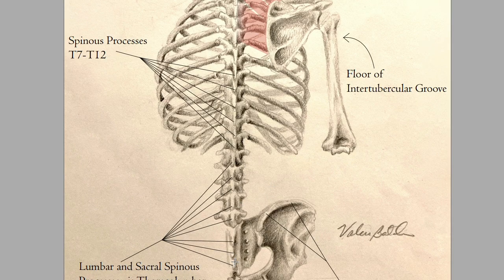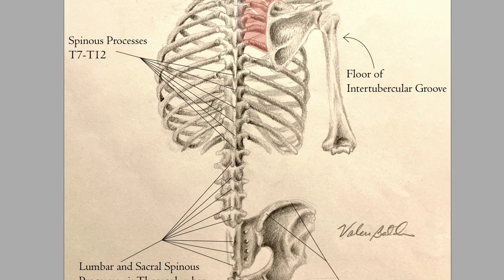So it's going to start down here. It's going to attach onto this iliac crest here, okay? And then the rest of the muscle fibers are going to insert themselves onto the spinous processes of the sacrum and the spinous processes of the lumbar vertebra and the spinous processes of the inferior half of the thoracic vertebra, and that's delineated over here by T7 through T12, right?